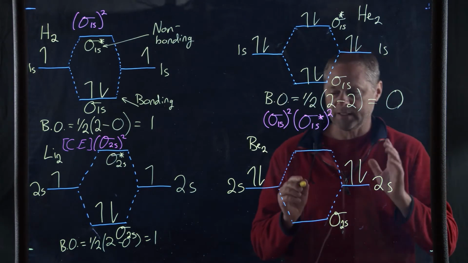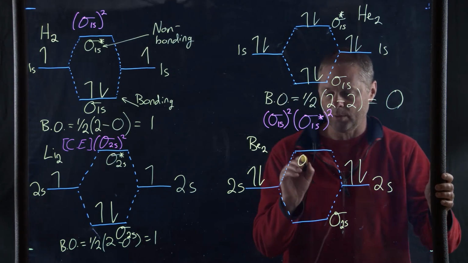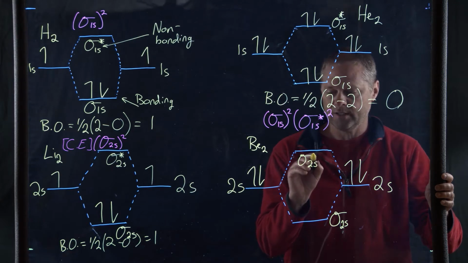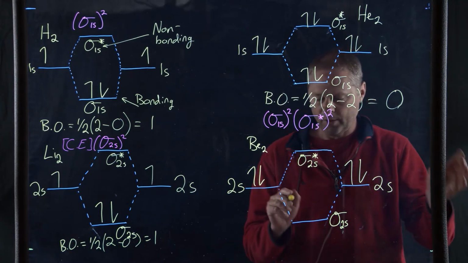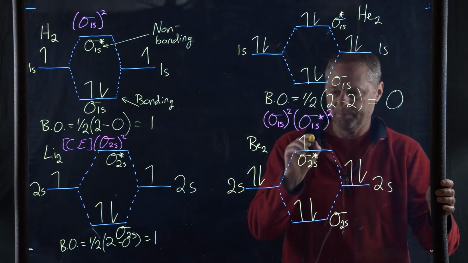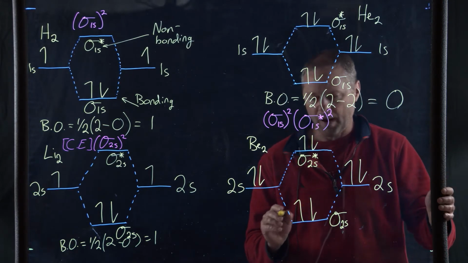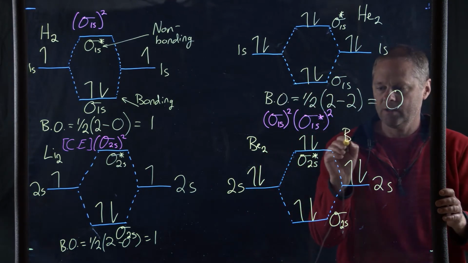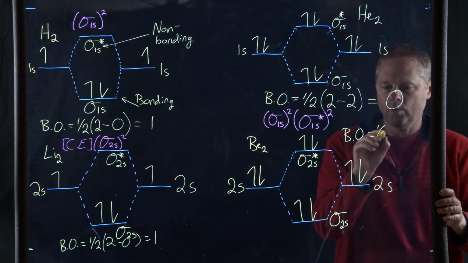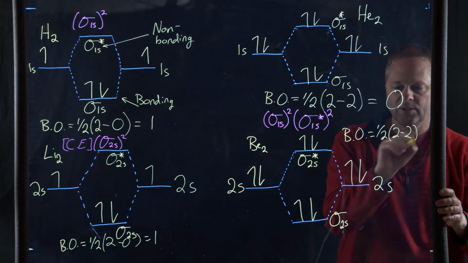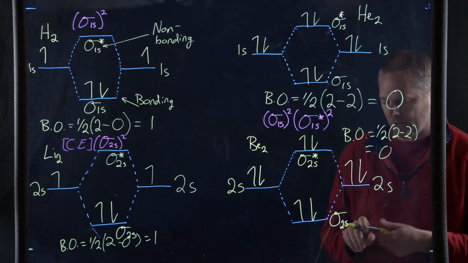They're going to mix to make molecular orbitals, and this is a 2s star. They're going to mix as such, and so the bond order for this is going to be equal to 1/2 times 2 minus 2, which is going to be equal to 0.